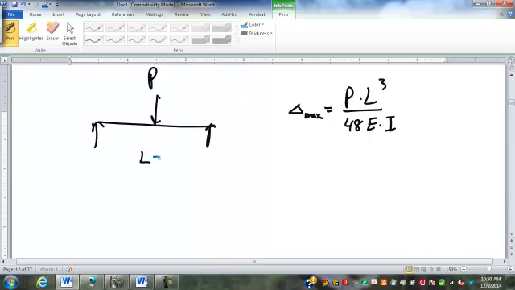Let's assume this is a 12-foot beam supporting a 2,000-pound concentrated load, and that it is 3 by 12 wood with elastic modulus. I'm just going to look to make sure I'm getting the right number. Wood is usually 1.7 or so.